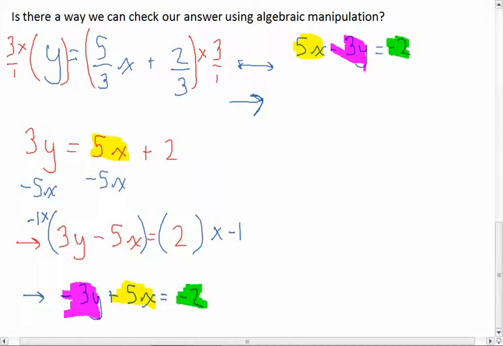So what we're going to do next is the opposite direction. I'm going to take my general form equation and change it into standard form using only algebraic manipulation. Notice that in standard form, the y is by itself. So what we want to do is isolate the y. The first thing I want to do is get rid of this term here, the 5x.